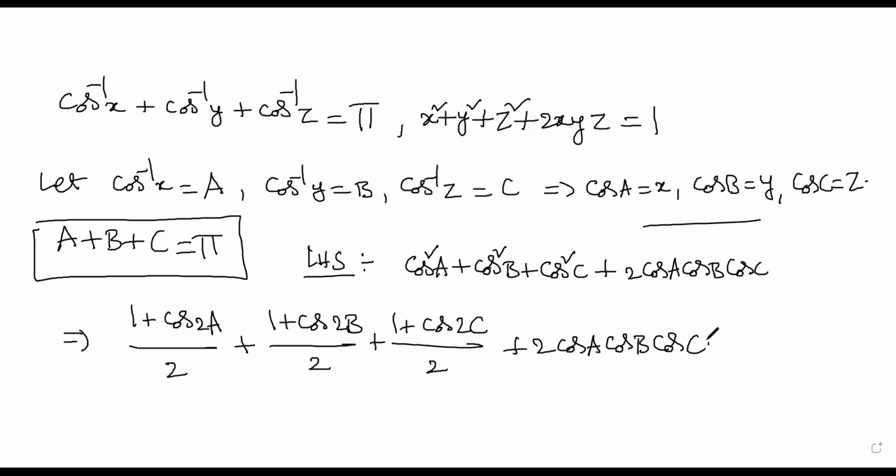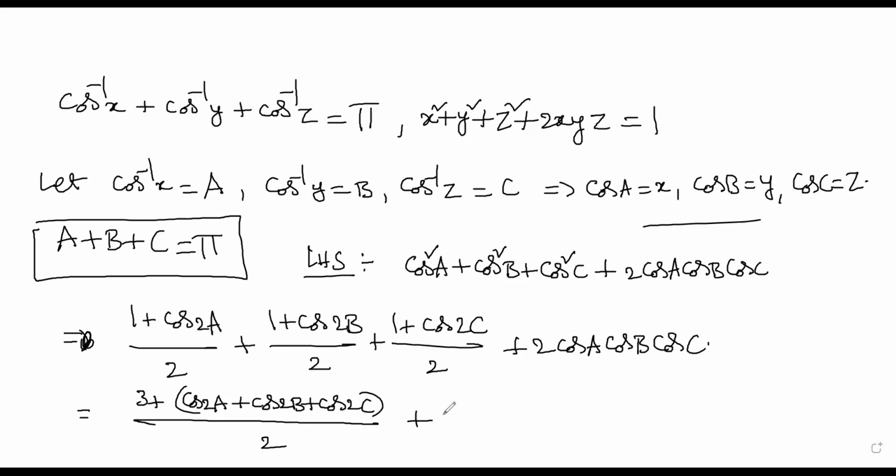Now it happens to be half plus half plus half, that is 3 by 2. So you can add up the numerators. It becomes 3 plus cos 2a plus cos 2b plus cos 2c, whole divided by 2, plus 2 cos a cos b cos c.